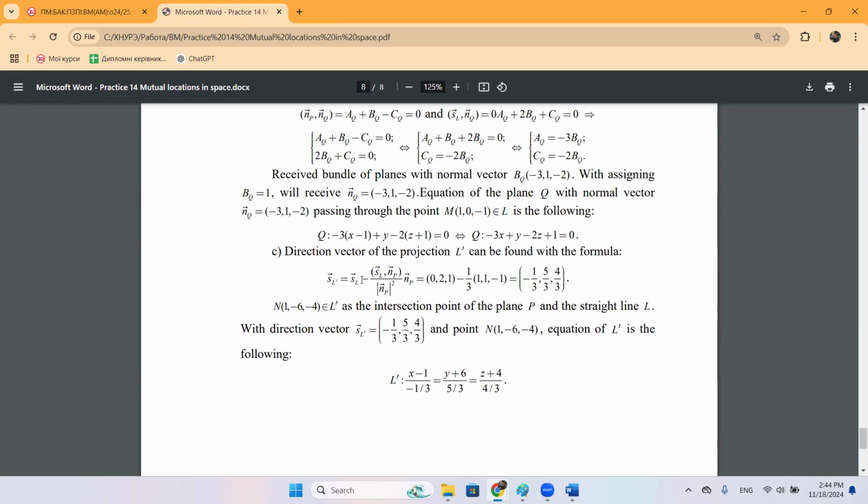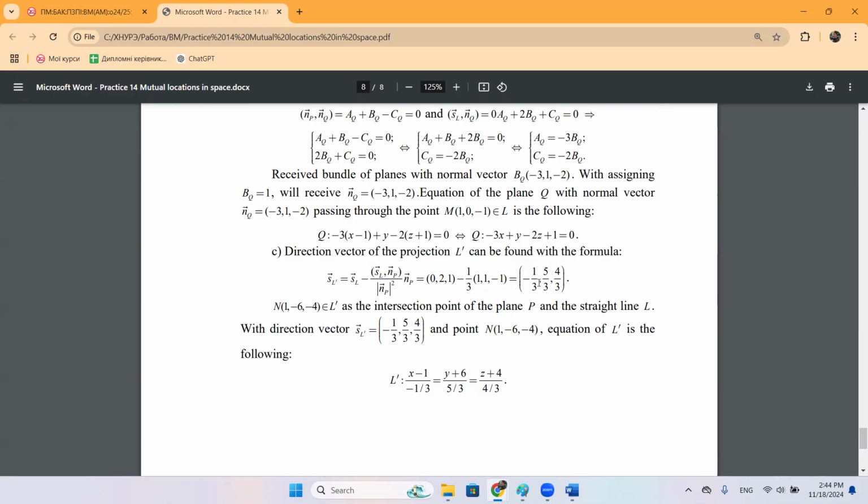We subtract from the direction vector of the initial straight line the normal vector of the plane multiplied by the scalar product of the normal vector and direction vector divided by the squared magnitude of the normal vector. So there are the coordinates of this direction vector.